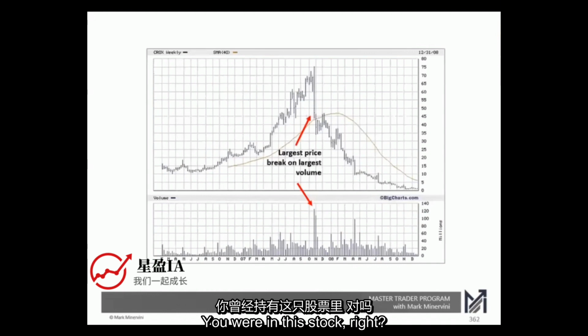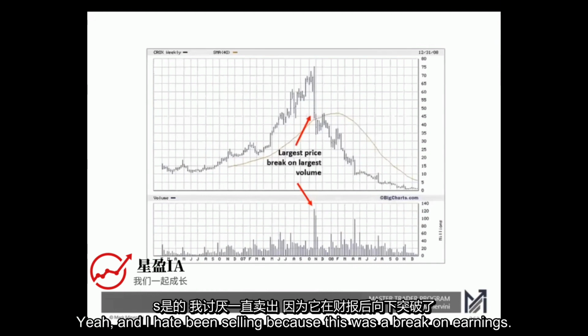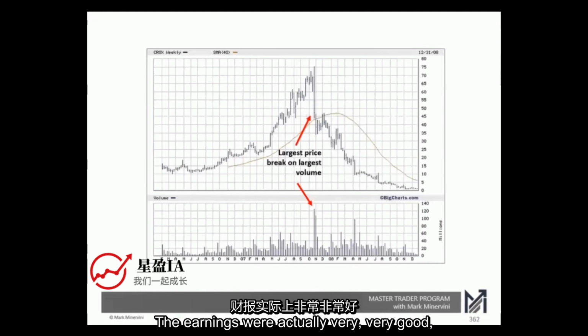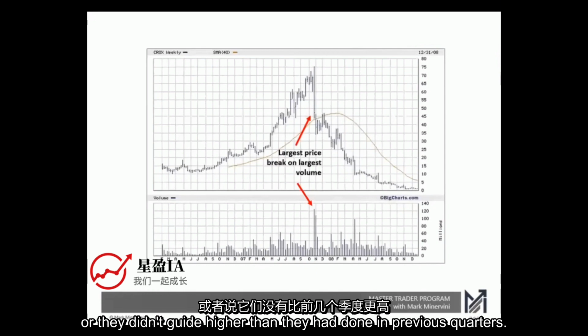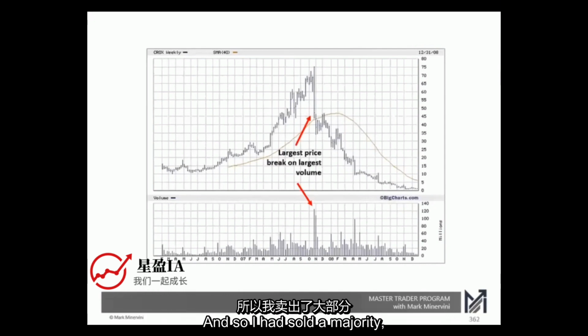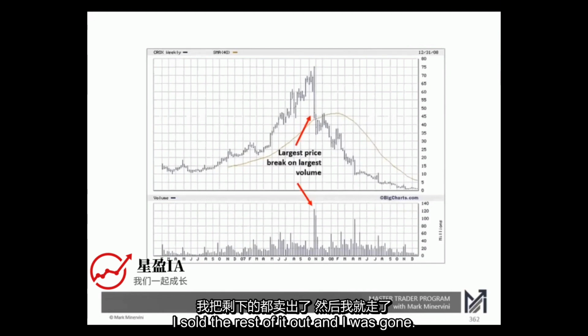You were in this stock, right, Dave? Yeah, and I had been selling because this was a break on earnings. The earnings were actually very, very good, but they weren't as good as expected, or they didn't guide higher than they had in previous quarters. And so I had sold the majority of my position going into those earnings. And right when it broke on that day, I sold the rest of it out and I was gone.